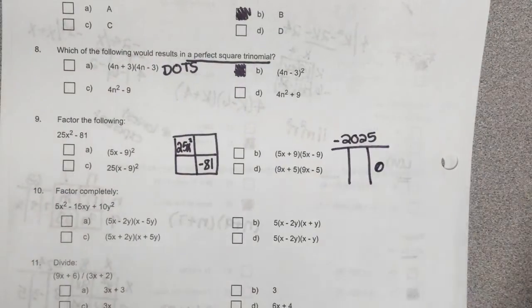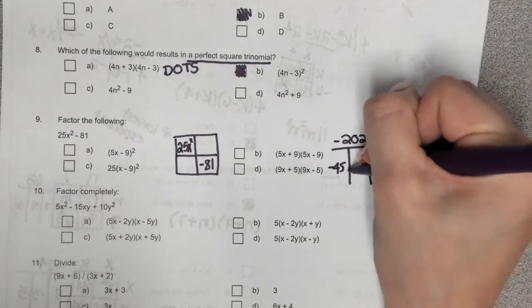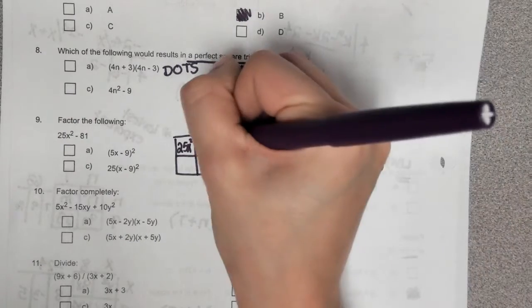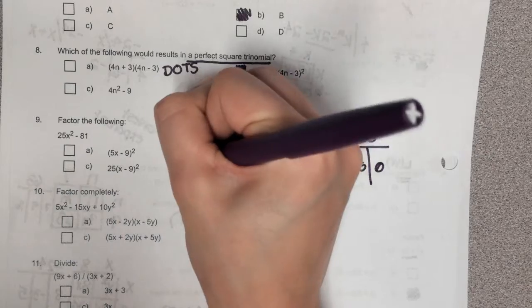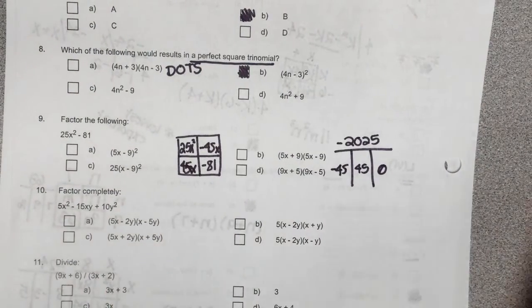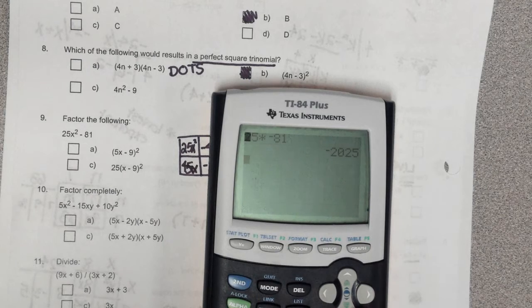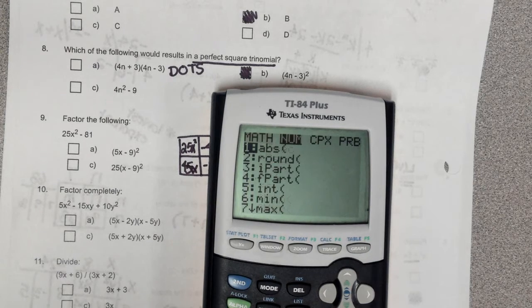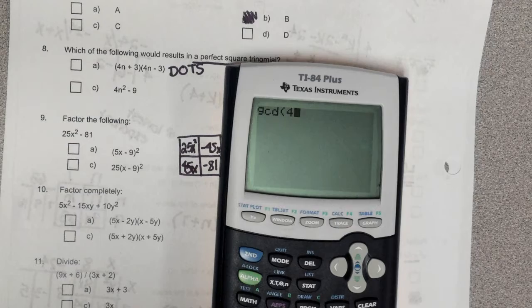Negative 45 and positive 45. So negative 45x, positive 45x. You can find the GCF of each one. Again, your calculator can do that for you. Math, write 9, 45, comma 81. 9.